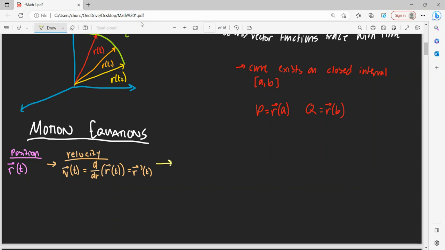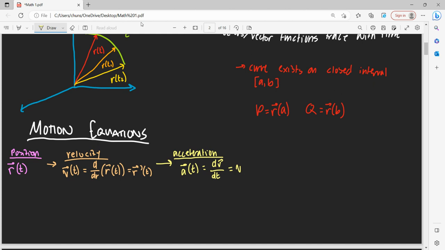Then if we were to derive velocity, we would get acceleration. So acceleration, we use a, that's equal to dv over dt for our velocity. Right?